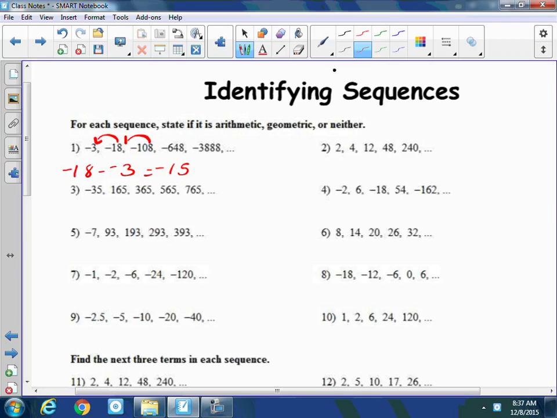Now we need to find this difference right here. It's not the same, obviously, because there's no way that negative 108 minus negative 18 will give me negative 15. Do it on the calculator if you don't believe me. That's a big number.